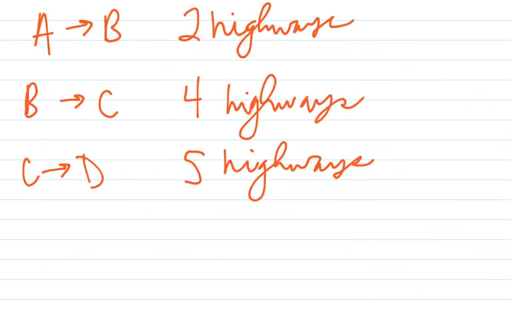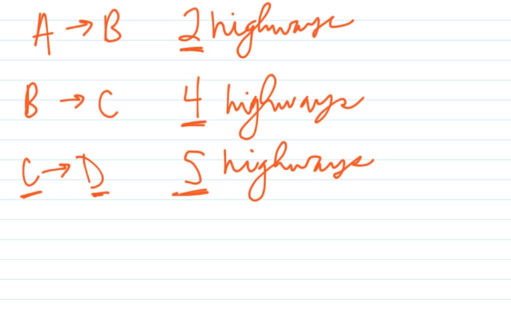In the next example, we're looking at how many ways there are, how many highways there are to get from one city to the next. So from city A to city B, there are 2 highways. From city B to city C, there are 4 highways. And from city C to city D, there are 5 highways. So the question is, how many different routes are there from city A to city D?